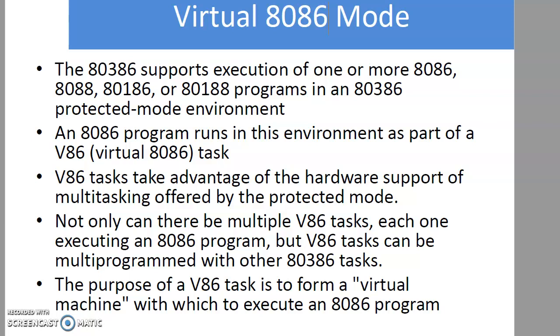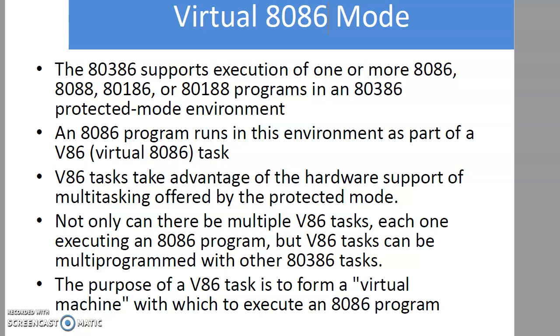So virtual 8086 mode works in the protected mode of 80386 and it supports execution of not only 8086 but also 8088, 80186, 80188 programs. All these previous microprocessor programs can be executed in the virtual 8086 mode.